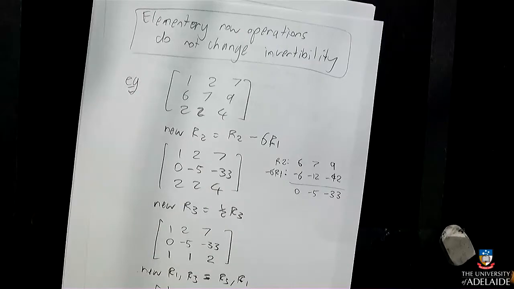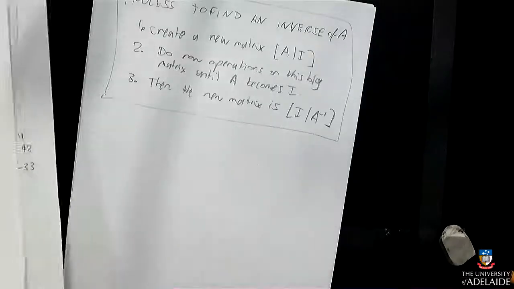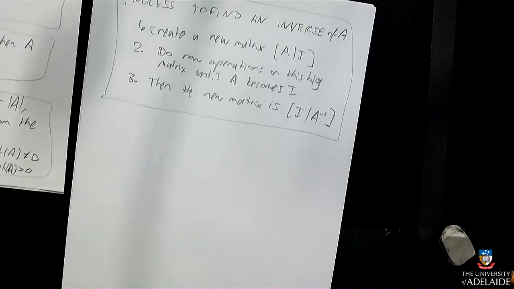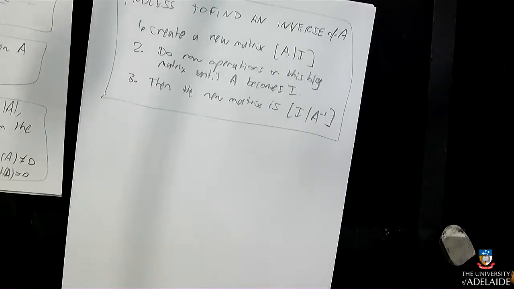And since row operations are really produced by matrix multiplication, if I'm able to multiply a whole lot of matrices by A to get the identity, then that product of matrices is the inverse. So it's a really cool proof that proves this, but it's a little outside the scope and there's a little too much going on to prove that. I don't really want you to be able to turn your row operation into a matrix right now, so I'm just going to show you how this process works.